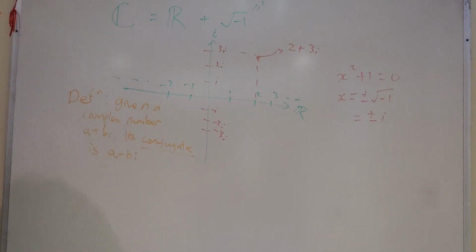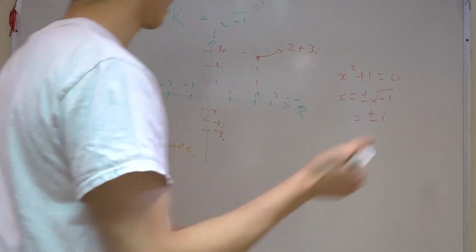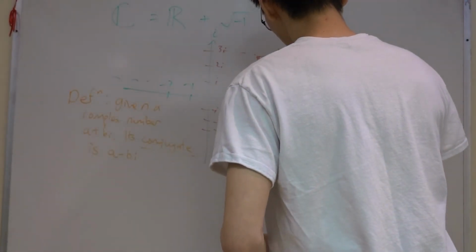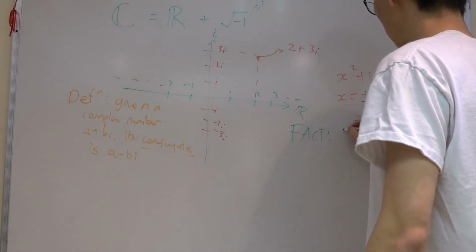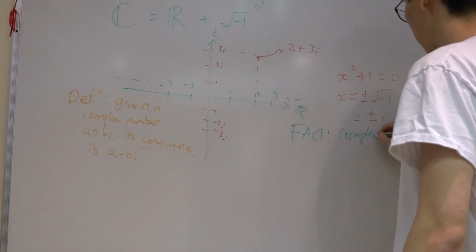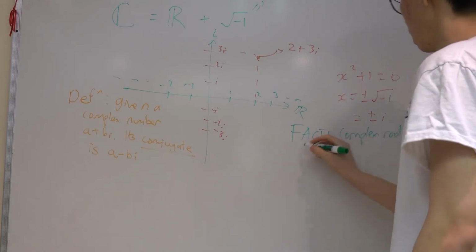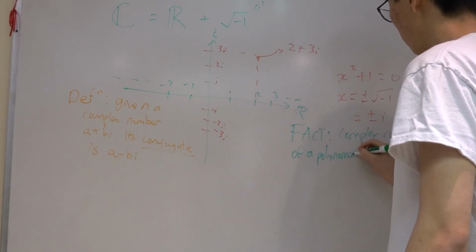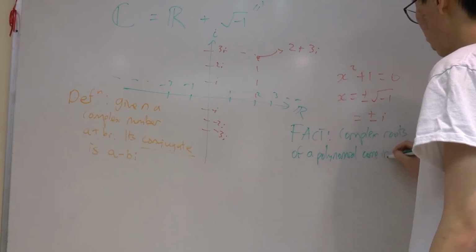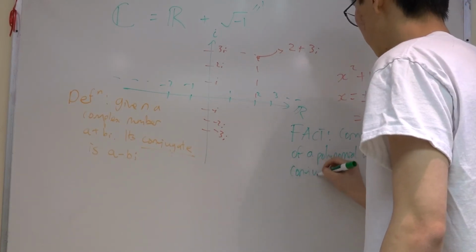Okay? Here's the fact. Complex roots of a polynomial come in conjugate pairs.